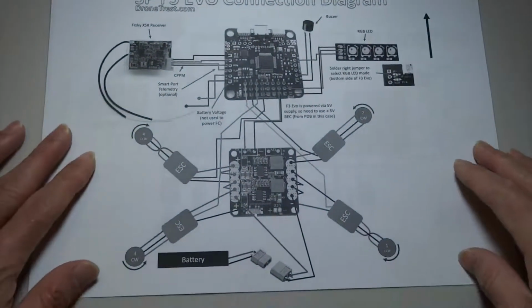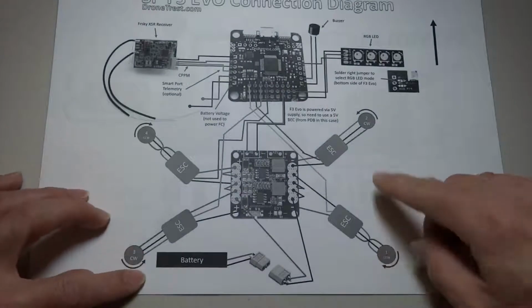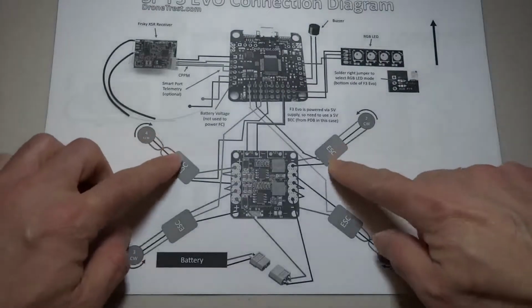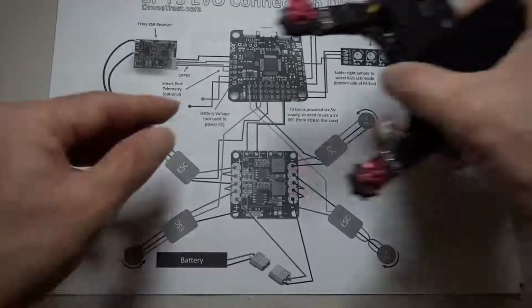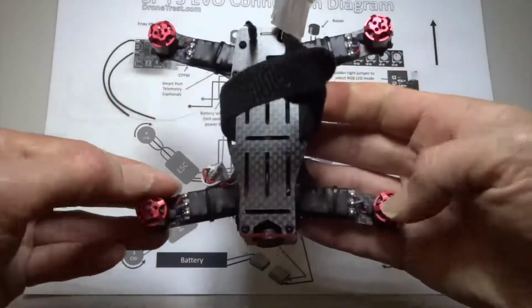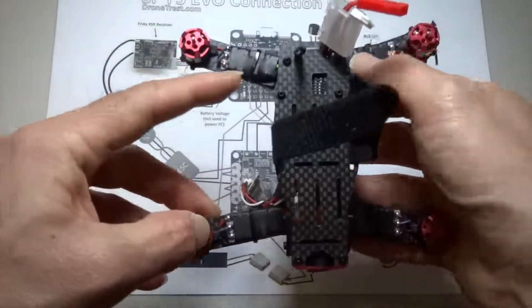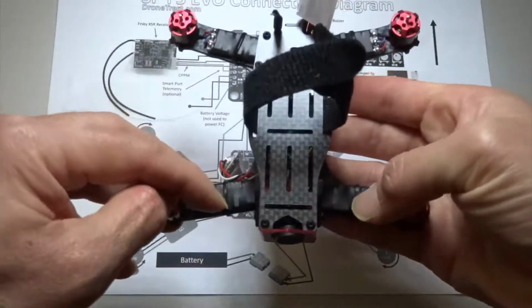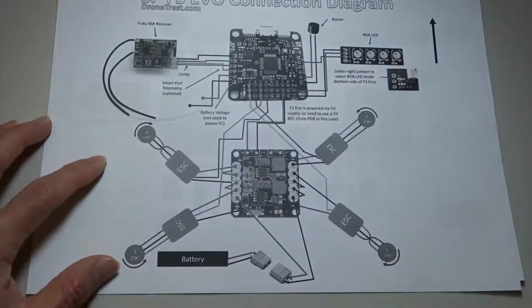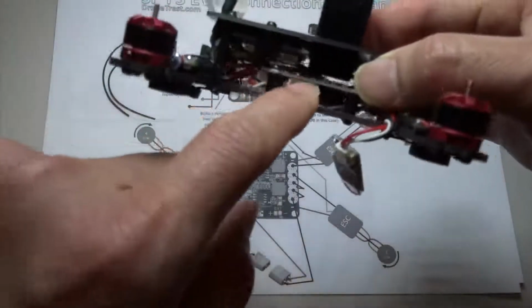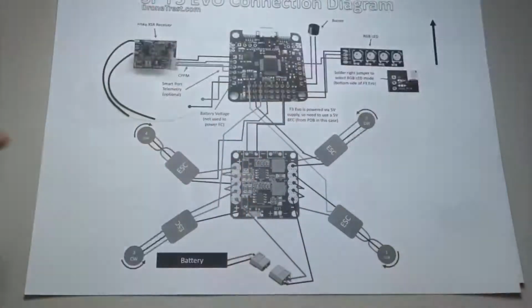you have the motors 1, 2, 3, 4, and you have the ESC. So these are the motors and the ESCs here. And this is the flight control board, which is this one right here.